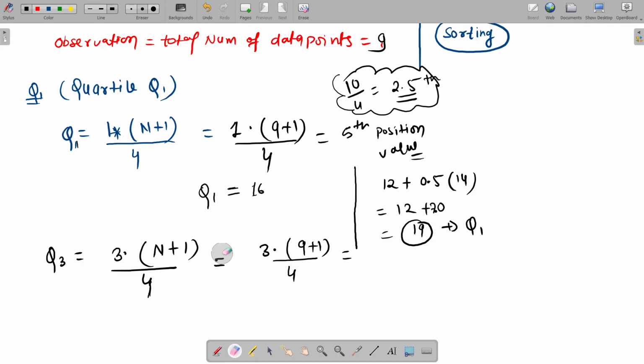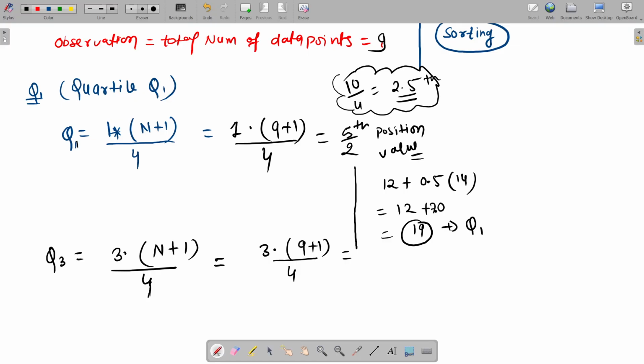So Q1 is not 16. Here our Q1 is 19. How do we calculate our Q1? We just use this formula: 1 into total number of observations plus 1, divided by 4 position.